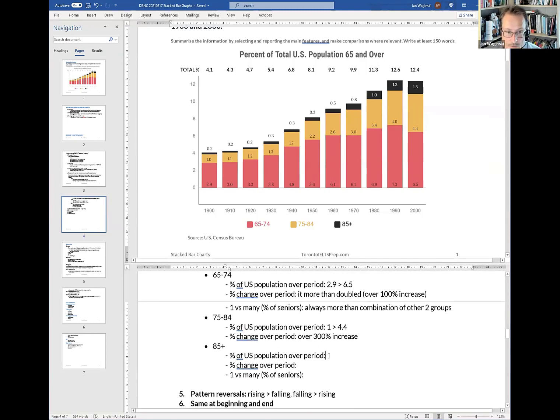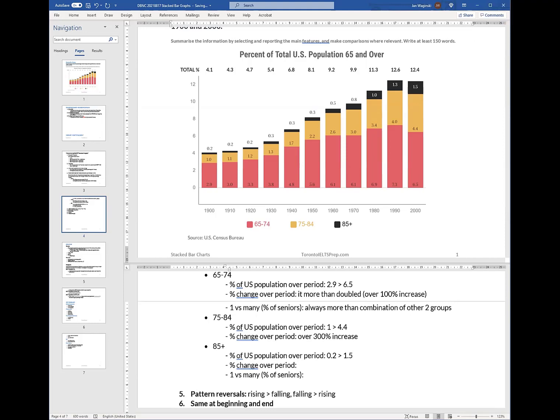So 85-year-olds went from 0.2 to 1.5% of the US population. What was the percentage change over this period? 650. Yes, 650%.